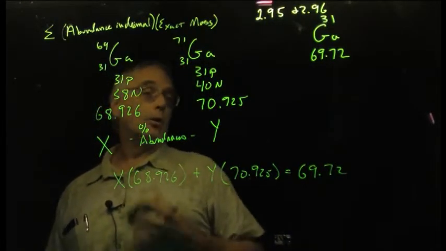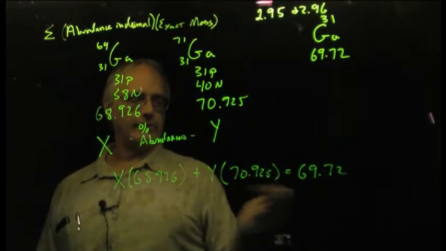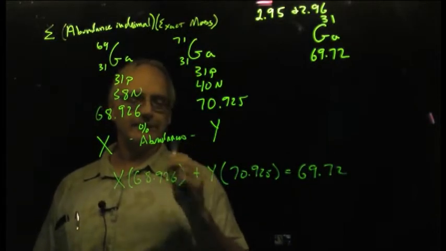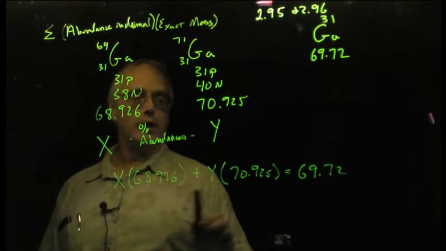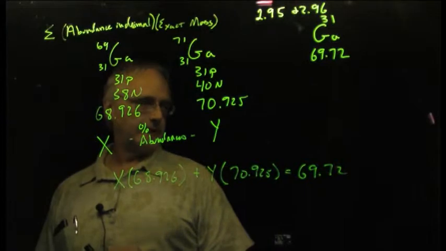There is the weighted average calculation, this time with the more uncommon unknowns of the percent abundances.